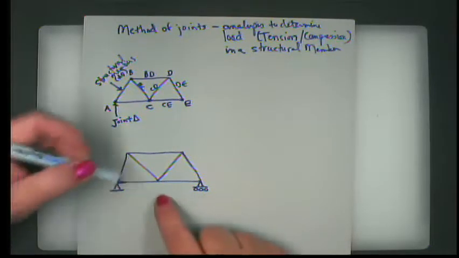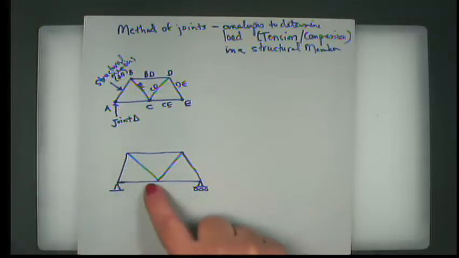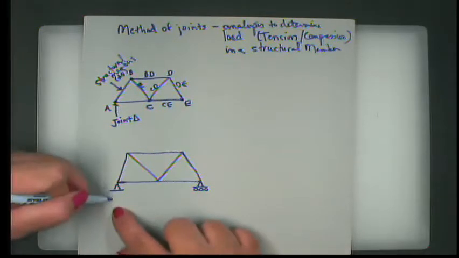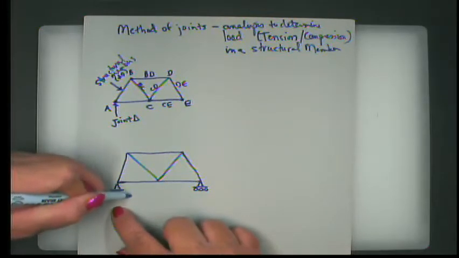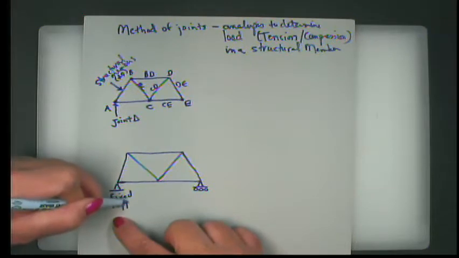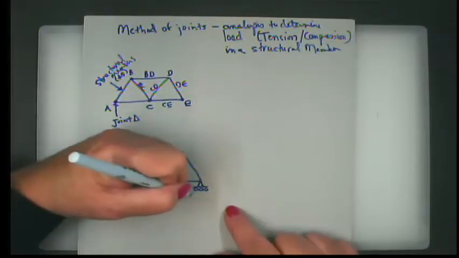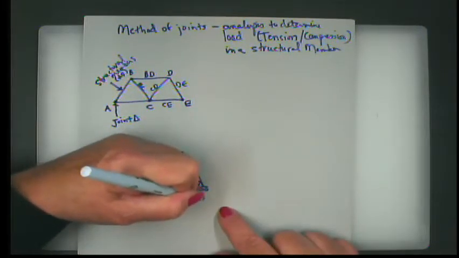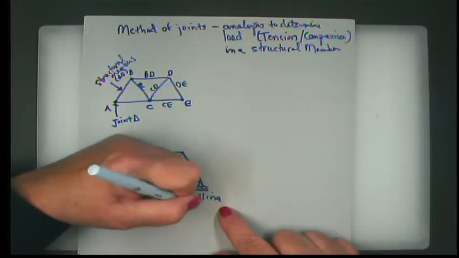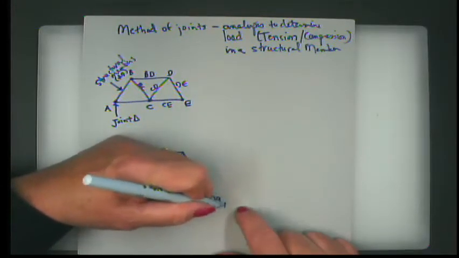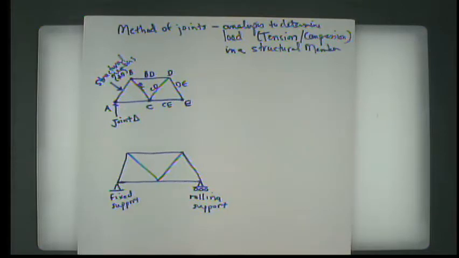But if it's loaded very heavily, depending on the characteristics of the material, it can lengthen a little bit, and then when the load is removed, it can contract a little bit. So we generally have one or more fixed supports, and then we have at least one rolling support, so that when this expansion and contraction occurs, it won't make the bridge buckle or pull apart in any way.